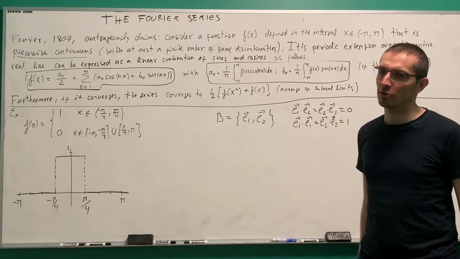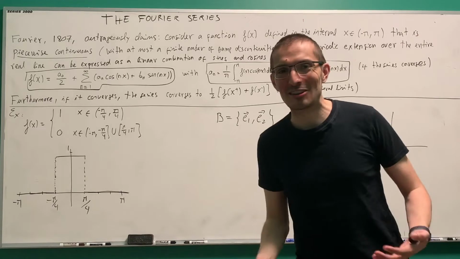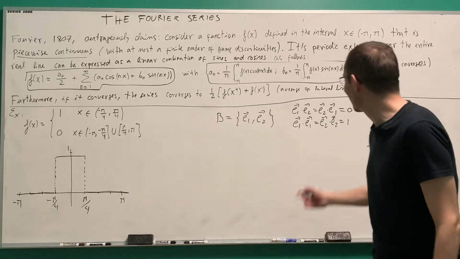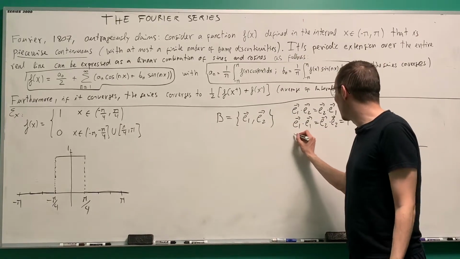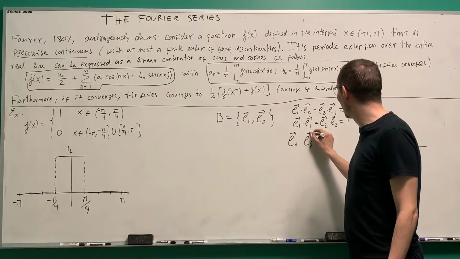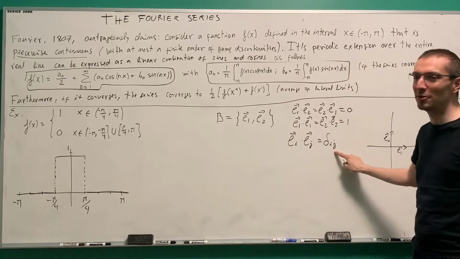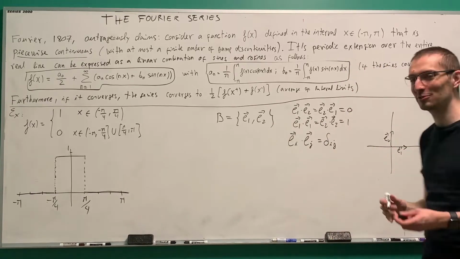That's what it means to be an orthonormal basis. If you want to write it in a compact way for any dimension, now that you learned what the Kronecker delta is, remember, you can write e_i dot e_j is equal to delta_ij, right? Remember, this thing is 0 when i is different from j and 1 when i is equal to j.